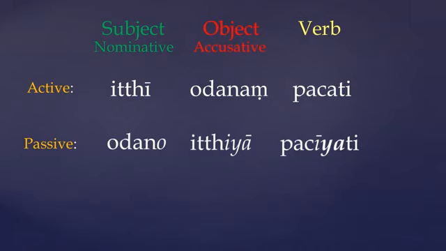So now if we examine this sentence, we can see that the direct object of the active voice verb, the noun in accusative case, has become the new subject, and it's placed in nominative. The verb is passive because it has the infix ya, and this verb has been inflected to agree in person and number with the new subject.